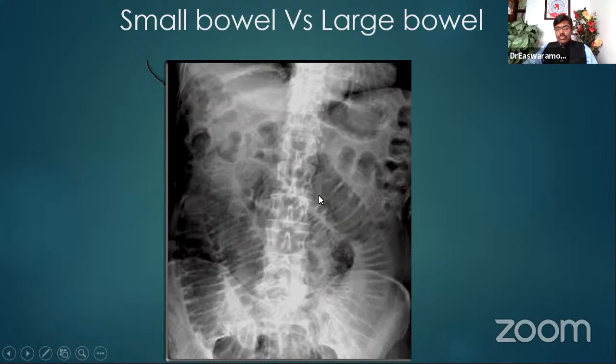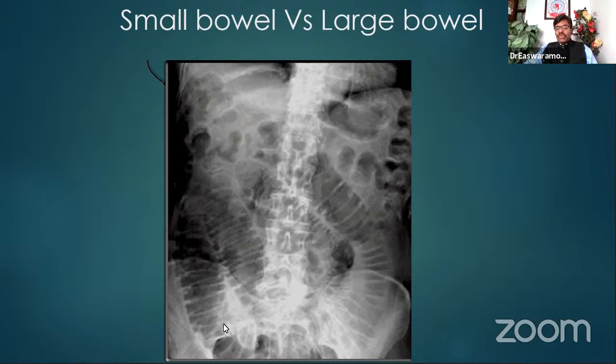And even though they look very big, they are not large bowel, because in large bowel, they have only haustrations like this. They don't go full from one side to the other side. They go only one third to one half. Haustrations are not complete. They are incomplete and irregular. And also they are peripherally located: cecum, ascending colon, transverse colon, descending.